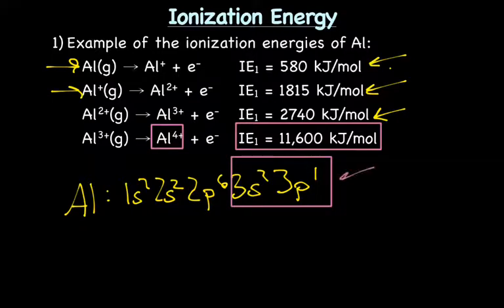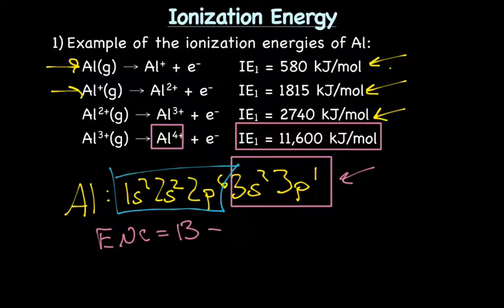The effective nuclear charge for the valence electrons: we've got 13 protons minus the core electrons, these guys here, which is 10, so it is 3. So for all 3 of the first electrons removed, the valence electrons, the effective nuclear charge is 3.